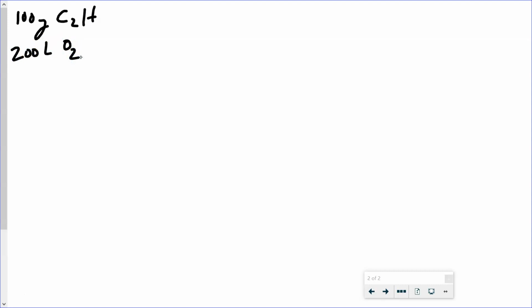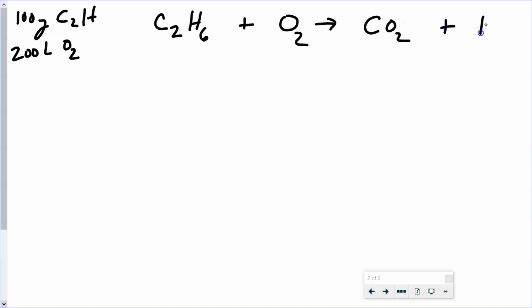Now, before we can do anything with this, we need to go ahead and write the balanced reaction. So we'll go ahead and write that down here. Now these are your two reactants for this reaction, and based on our last unit, you should be able to predict the products here. So take a second and predict the products. If you came up with CO2 and H2O, then you're right.